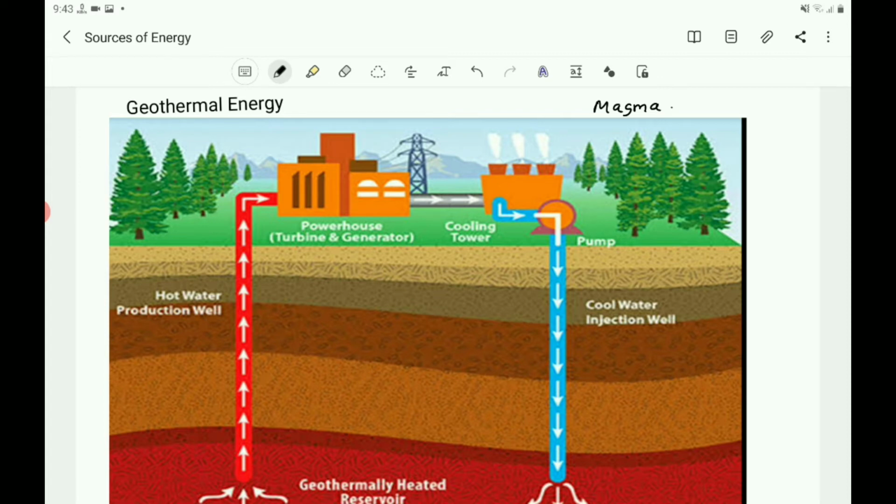These are called hot spots and serve as the source of geothermal energy.